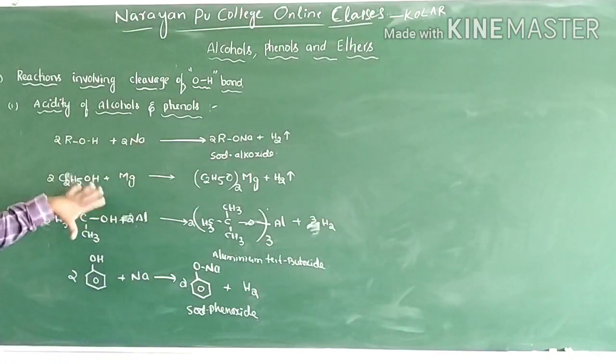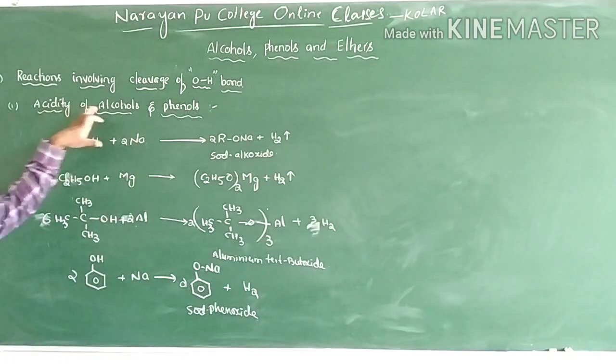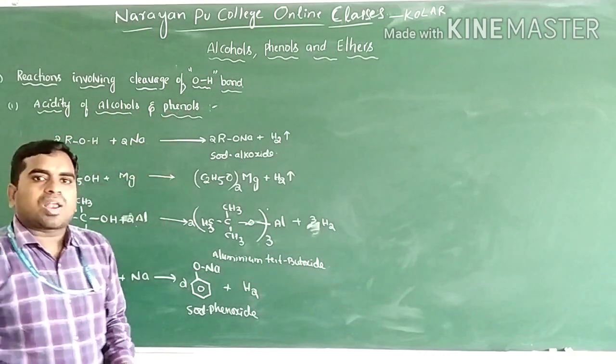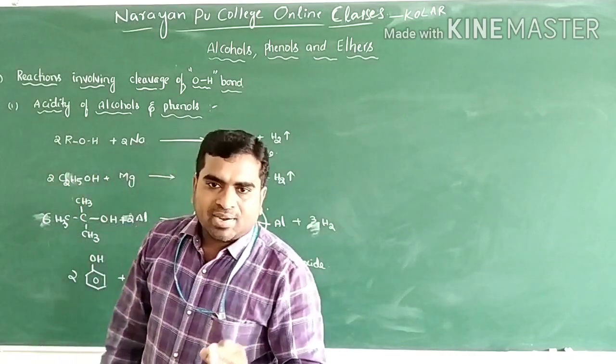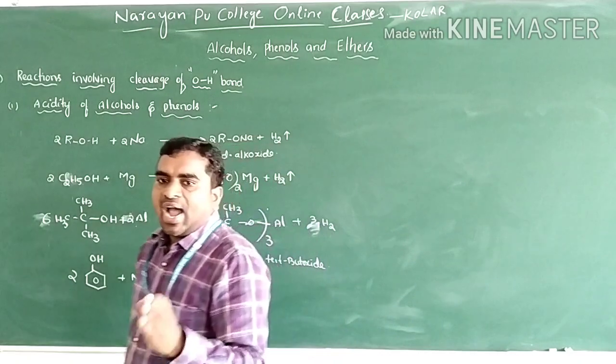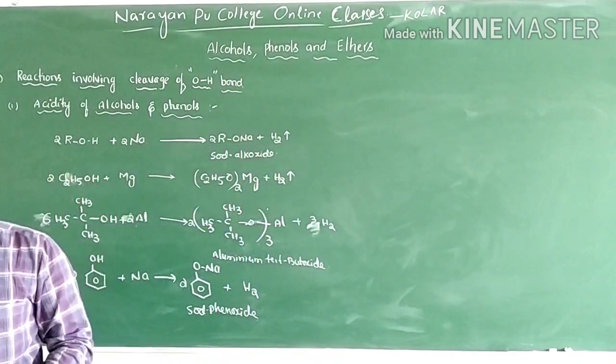What is the relation between acidity of alcohols and phenols and these equations? You already know that whenever metals react with acids, they produce hydrogen gas. Clear?